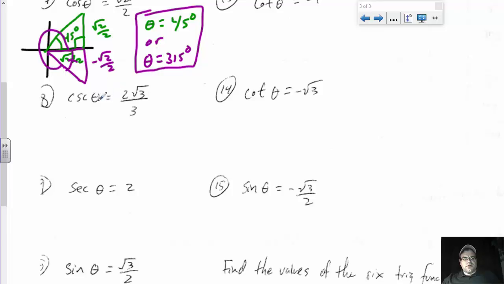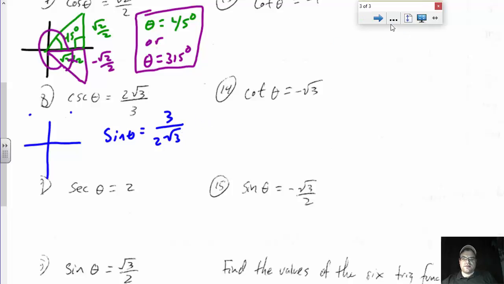Okay, cosecant is 2 root 3 over 3. Cosecant is the reciprocal of sine. Sine is positive in the first and second quadrant, so is cosecant. So our answers are going to be in this quadrant and this quadrant. Now, if this is cosecant's value, that means sine's value will be this flipped upside down. So it's going to be 3 over 2 root 3.